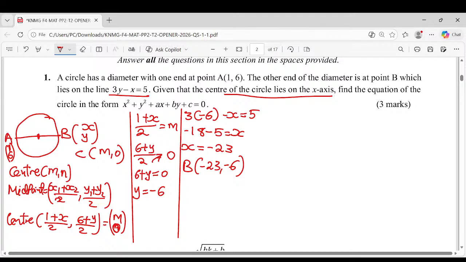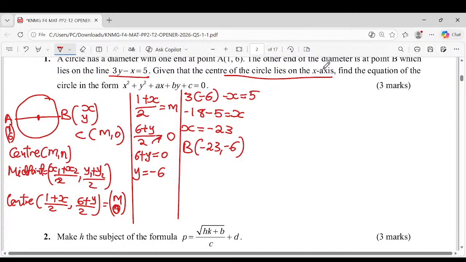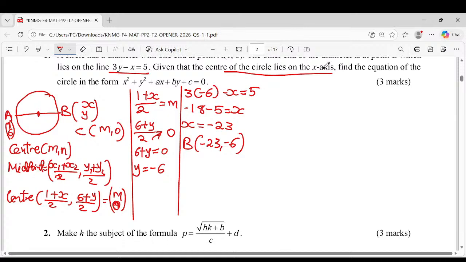After getting the coordinates of point B, we can now get the midpoint, the center. Because we have it now, we can find the center, M0. And how are we going to get the center? Remember, point M was given by 1 plus x, so that will be now 1 plus the x coordinate, which is negative 23, divided by 2.